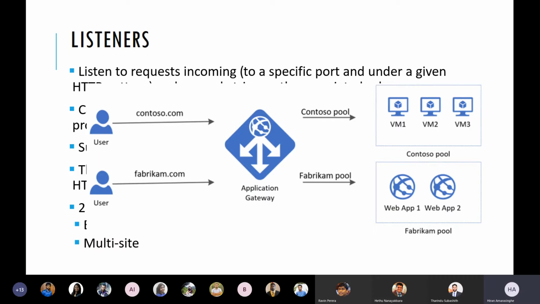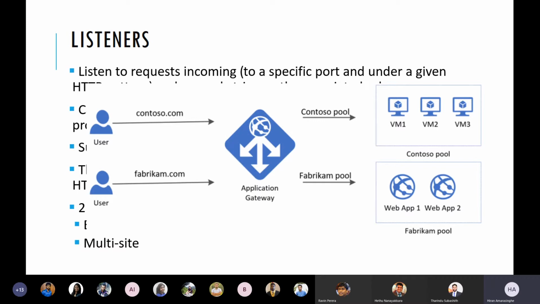For example, you can see contoso.com and fabricam.com. Probably, and Hedu can correct me if I'm wrong, they might have added an A record so that when someone types contoso.com, it redirects the traffic to the public IP address of the application gateway, similarly for fabricam.com. So what happens is, at the application gateway level, you can now listen, because you are listening to the same port, right?